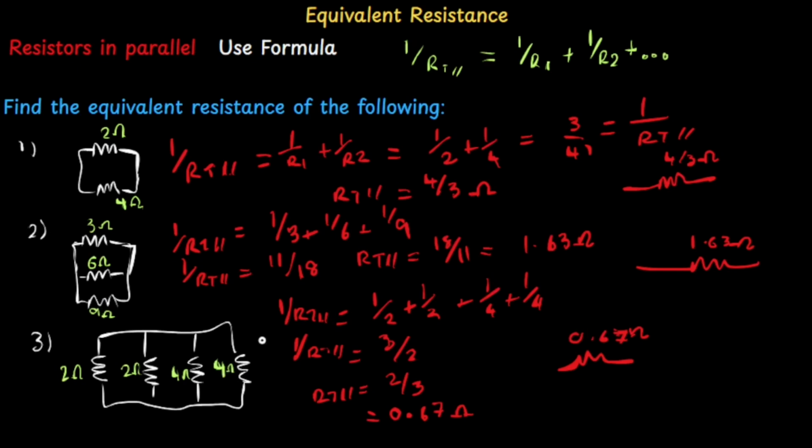That means that if we are using a parallel connection of resistors, we are lowering the resistance in the circuit instead of increasing it. That means that the more resistors I have in parallel, I would decrease the resistance in the circuit.